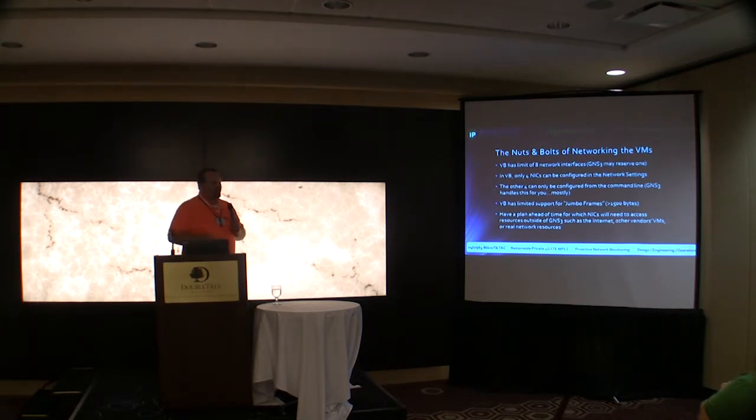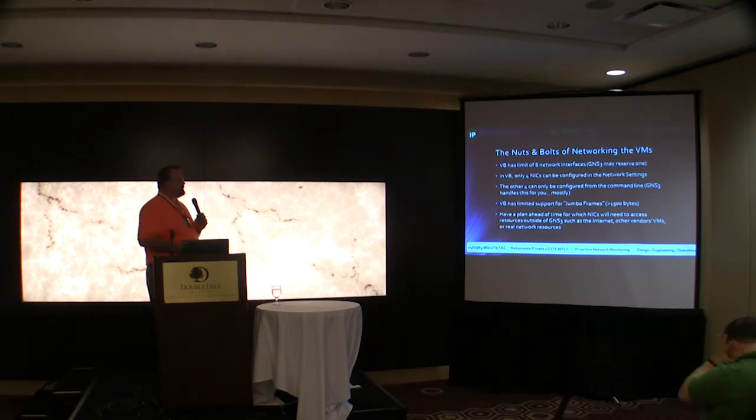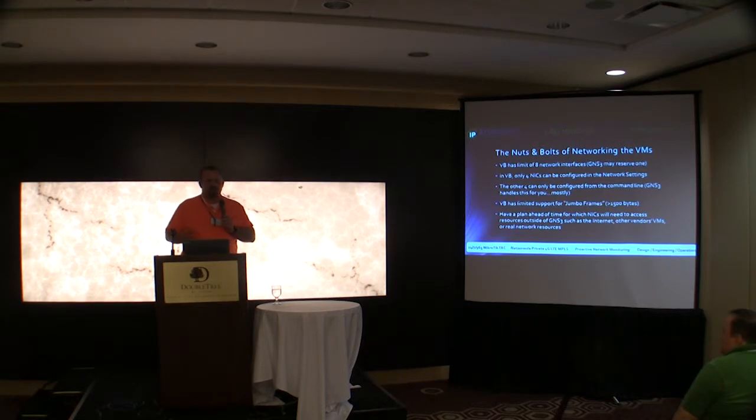So when we're designing our layout, the network interfaces we want to change have to be either 1, 2, 3, or 4. So just being aware of that will allow us to plan our design a little bit. And something else to be aware of is VirtualBox has very limited support for jumbo frames. Anything over 1,500 bytes is going to function poorly.